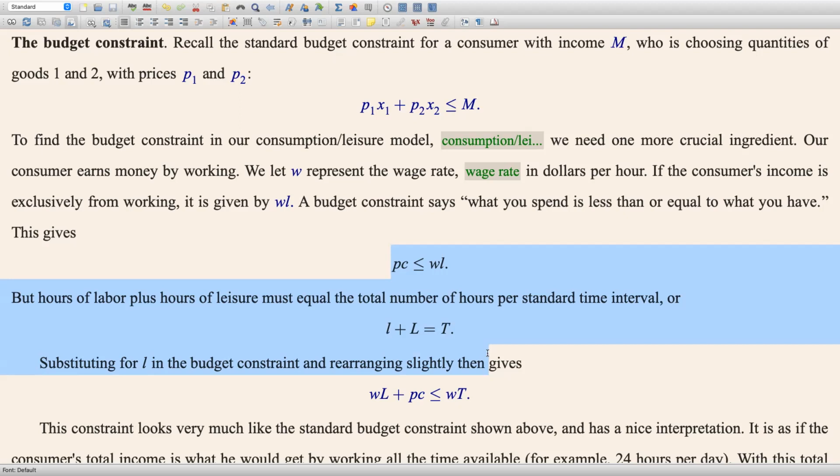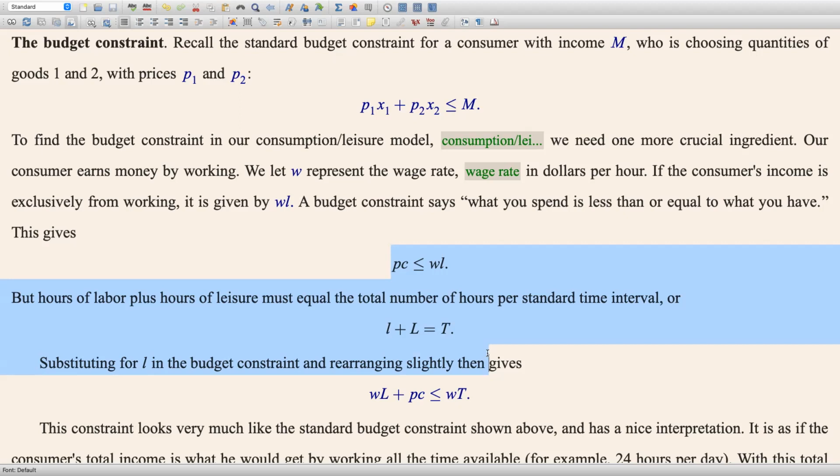So little L is equal to T minus capital L. I'm going to plug that into the first inequality, so W parentheses, capital T minus L. Distribute W there. And then put all the control variables on the left-hand side: W times capital L plus P times C less than or equal to W times T.